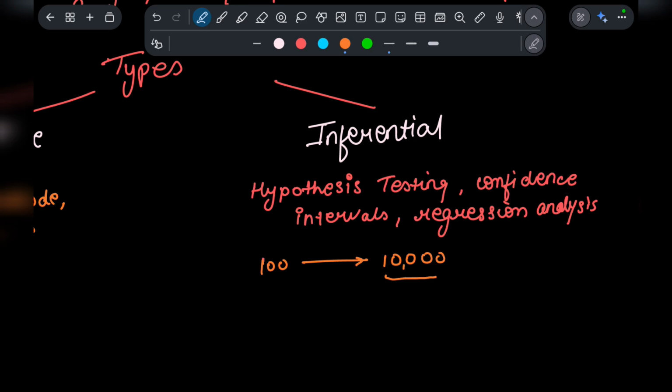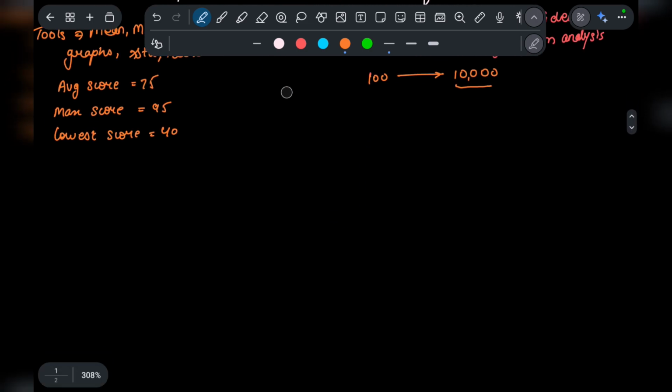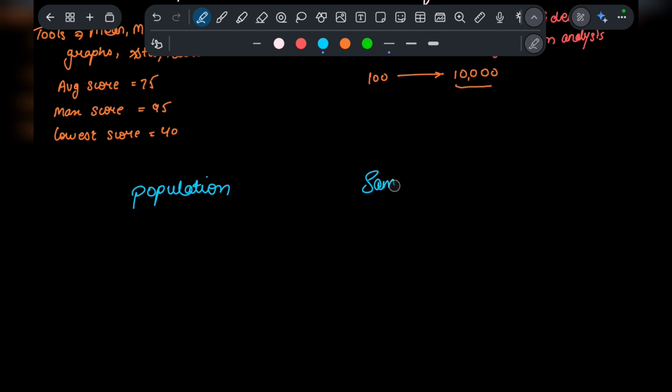Now we will be talking about two more main terms, which are population and sample.